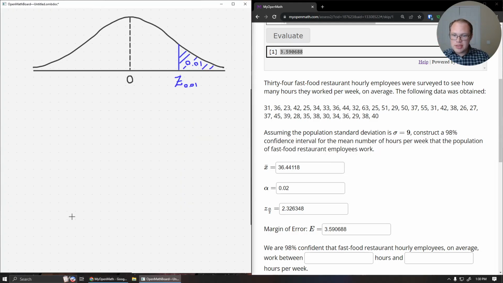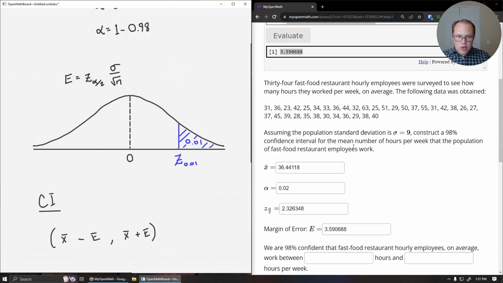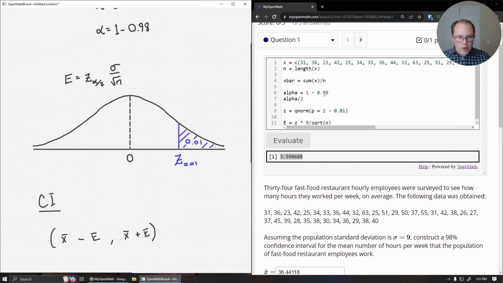So with that, we are ready to calculate our confidence interval. Our confidence interval, remember, is our point estimate plus and minus our margin of error. And you do want to get the order right: smaller one, bigger one. I have all that already in my calculator. X bar is a variable in my calculator.